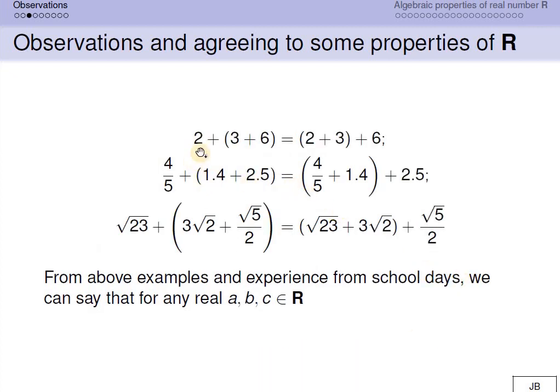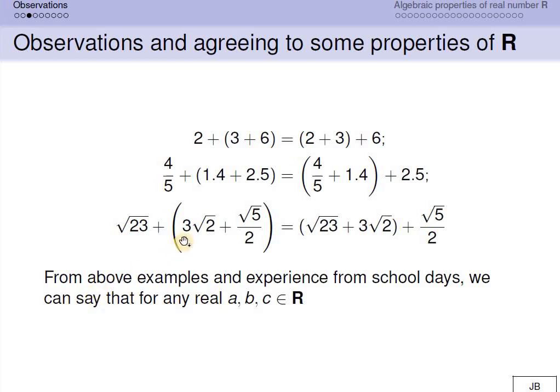Then you have 2 plus 3 plus 6, and here we do the 3 plus 6 first, then we add the result to 2, so we get 11. So here 2 plus 3 is 5, 5 plus 6 is 11. You see both sides are the same, and whenever you find the left hand side and right hand side of this, which you have already done in your school days, this is a valid observation.